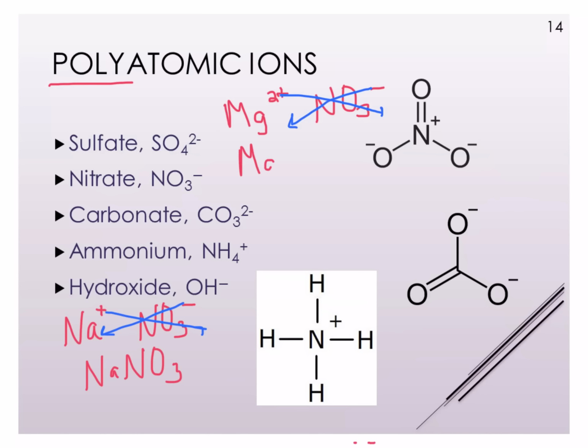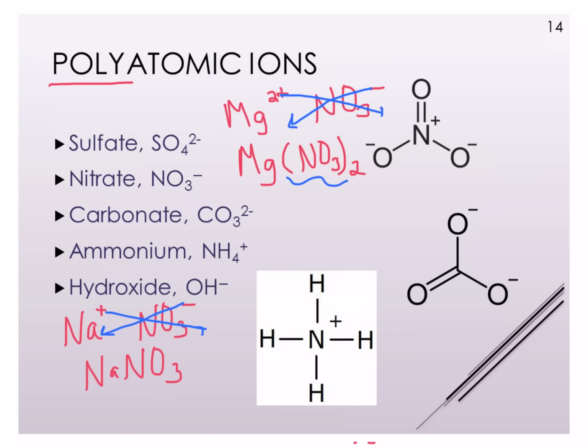Now, I need to write magnesium, and I'm going to have to use parentheses around that nitrate because what I need to say is that I have two nitrate ions here, not extra oxygens or just extra nitrogens, but I have two nitrates. I don't want to bring that 2 through and put N2O6 because that doesn't say the same thing as having two nitrates. But we don't want to use the parentheses unless we have to.